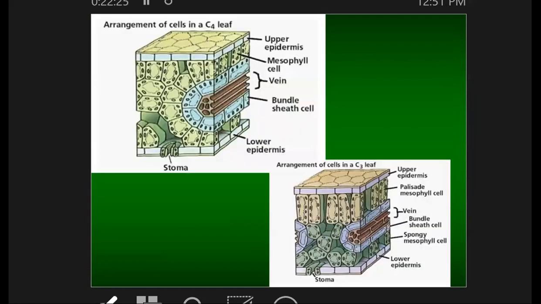And then you tend to see another thing too, is that the artist doesn't draw the bundle sheath quite as big as it should be. But one thing they did nicely is they're showing the parenchyma cell kind of hugged up to the bundle sheath, which makes sense if you have to get malate into the bundle sheath and then finish the cycle. It makes sense if they're physically right next to each other.